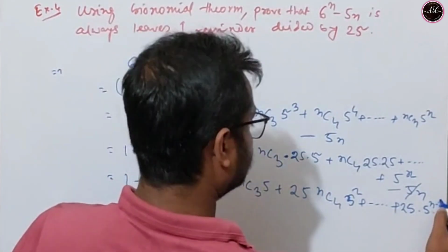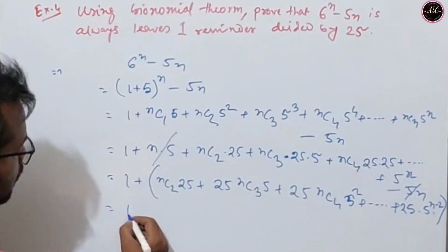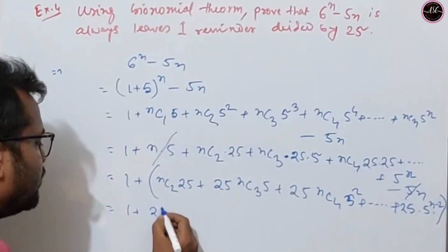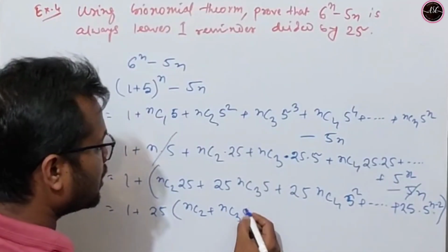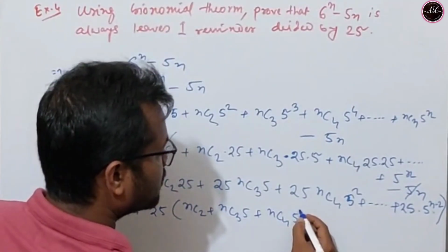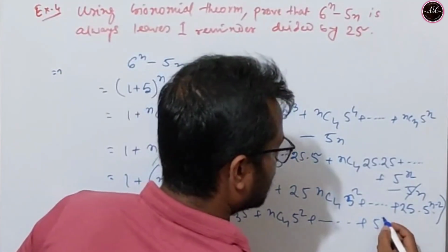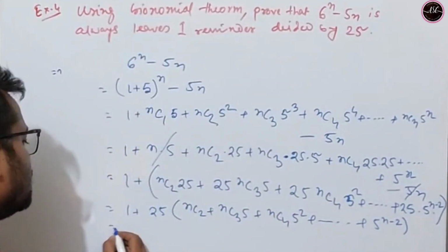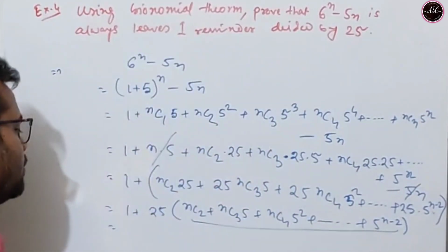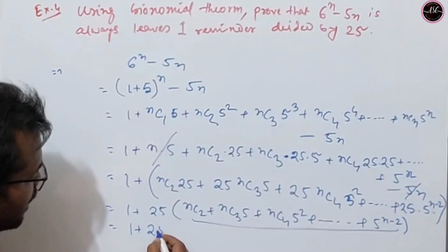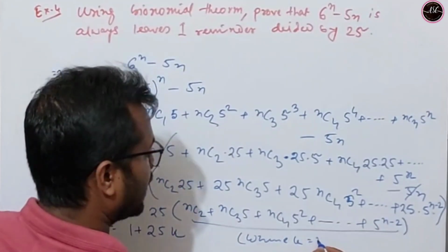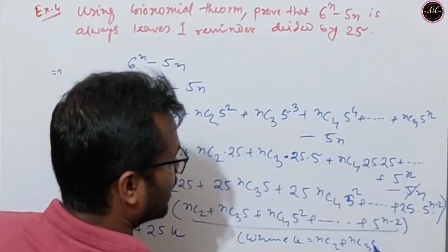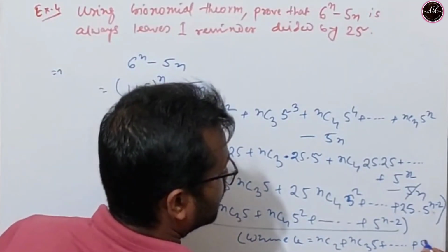Okay, so 1 plus, if we take 25 common from this, we have nc2 plus nc3 5 plus nc4 5 square plus dot dot dot dot 5 to the power n minus 2. Just imagine this is a number. Okay, so 1 plus 25k, where k equal to nc2 plus nc3 5 plus dot dot up to 5 to the power n minus 2.